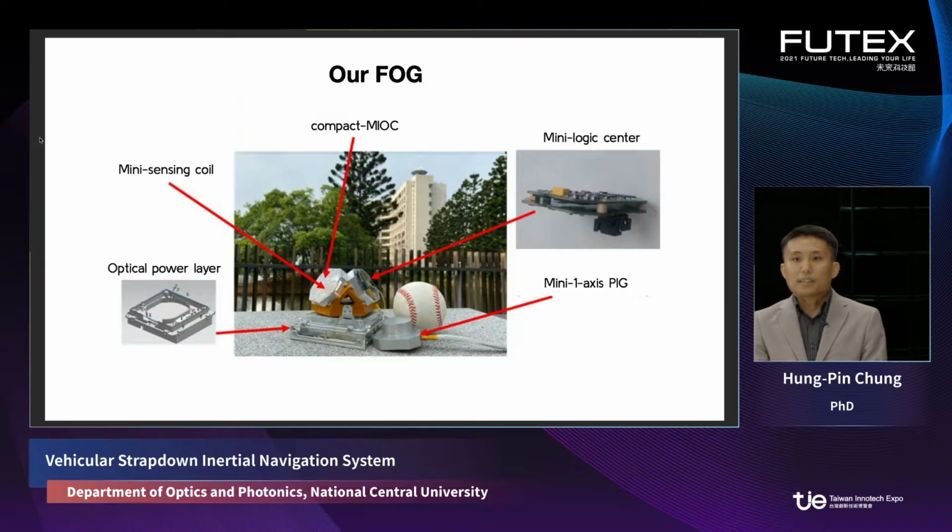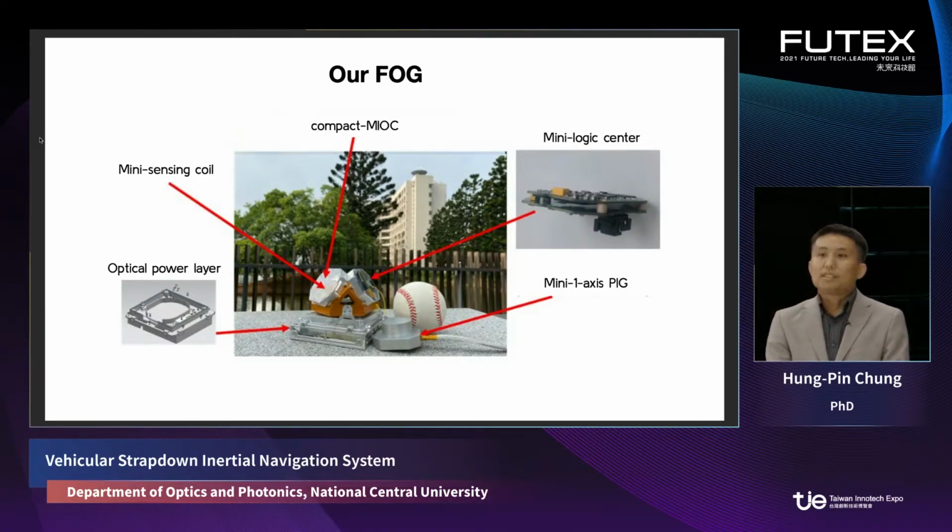There are five parts: we miniaturize the sensing coil, and let the compact MIOC be miniaturized. Then we use the mini logic center to calculate the rotation speed. The right-hand side shows the mini 1S, this PIG, which is a positioning integration gyroscope.